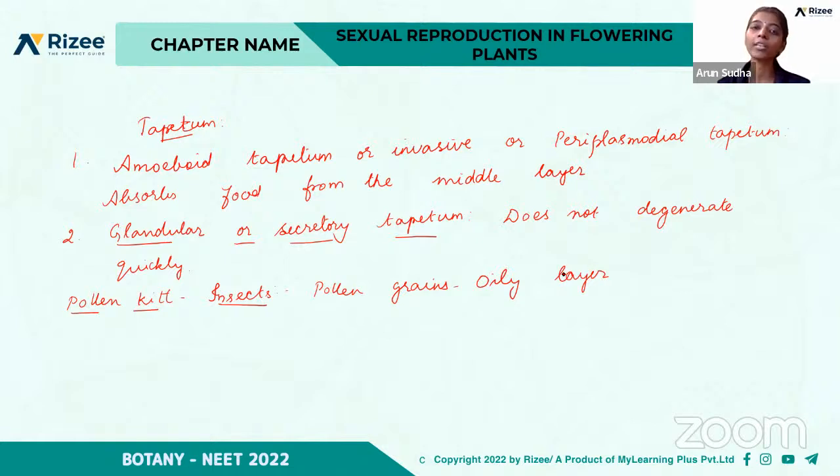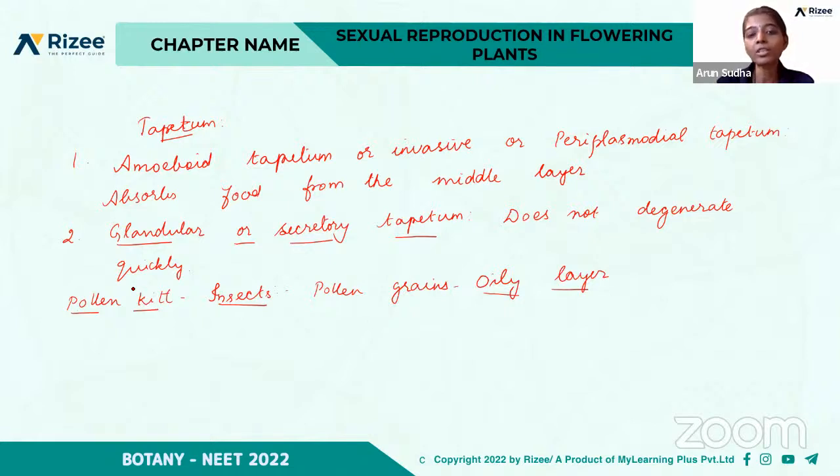This oily layer is due to the presence of carotenoids and other lipids. What is the purpose of this oily layer? So that the pollen can be easily transported by insects. It will stick to the insects, right? So that is called the pollen kit.